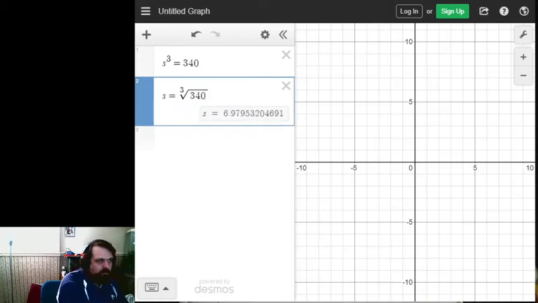So the cube root of 340, and we could find that value of s. But if we just go straight to that and then use those numbers right away, that's going to make our whole process more difficult. That's just something good to know.